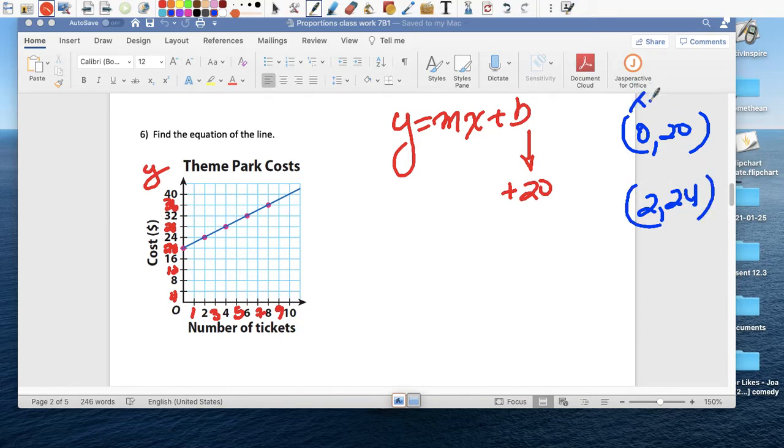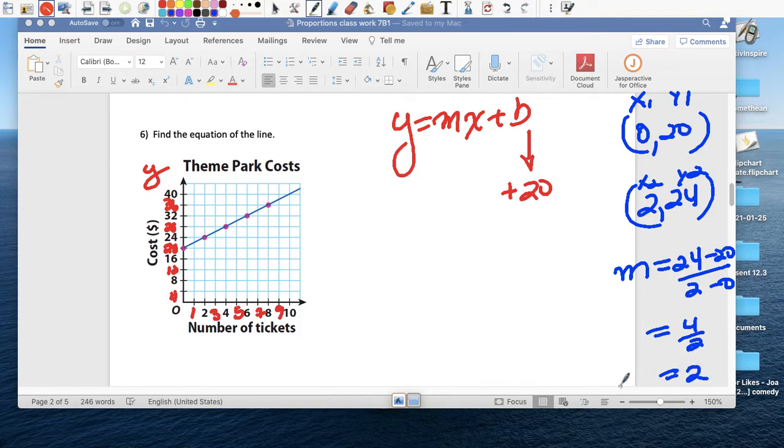I'll call this x1, y1 and this x2, y2. m is y2 minus y1, which is 24 minus 20, over 2 minus 0. That's 4 over 2, and m equals 2. So my slope is 2. And again, y equals 2x plus 20. We're done.